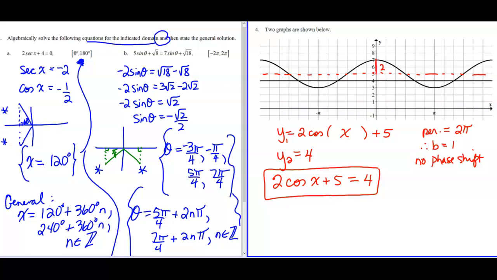And then solve that. You can check it on the graph, right? It's basically going to be the same as this one, right? Except in radians.